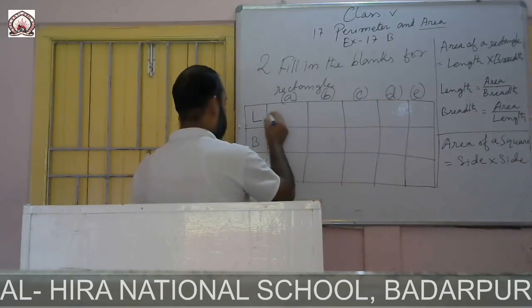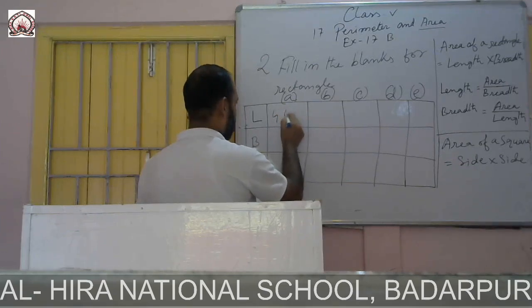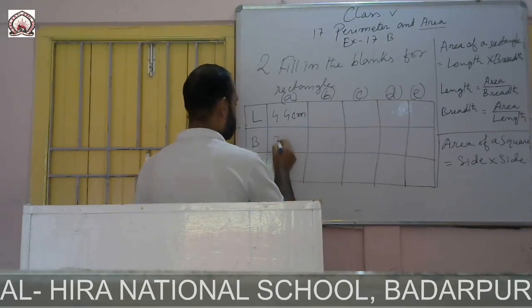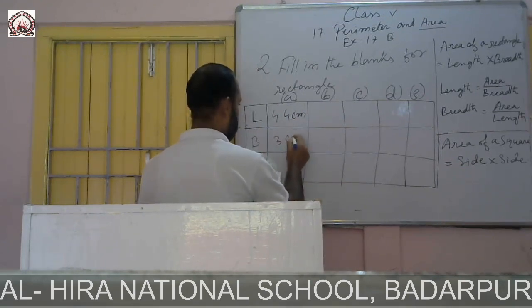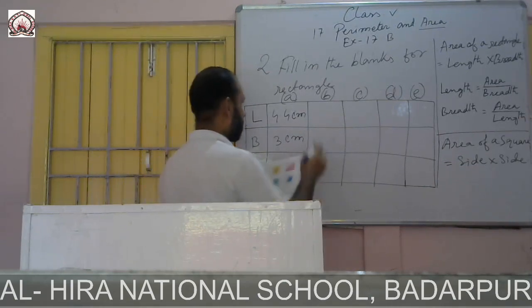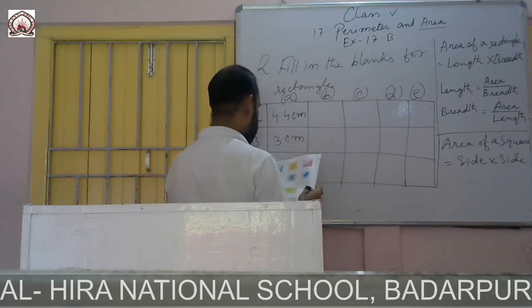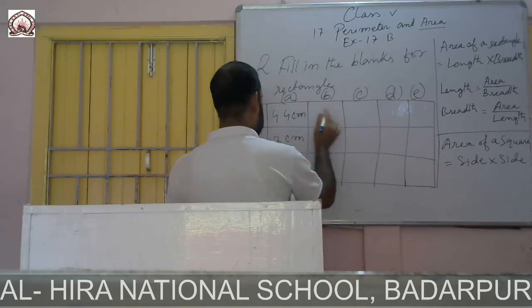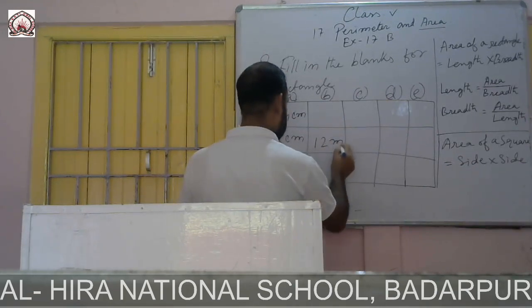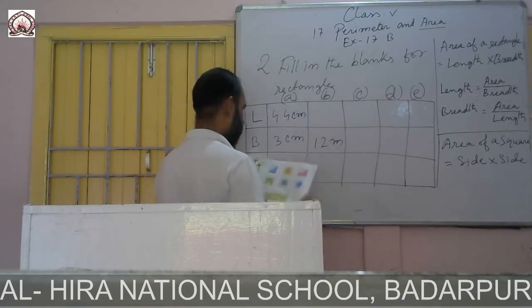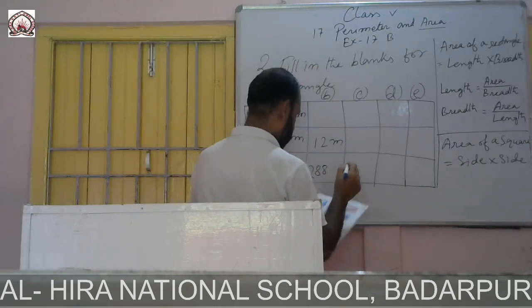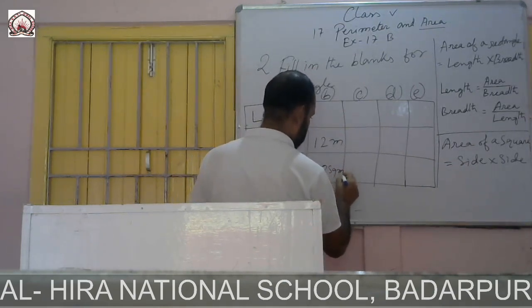Question number A: length equals 4.4 centimeter, breadth equals 3 centimeter. We find out the area. Question number B: we find out the length; breadth equals 12 meter and area equals 288 square meter.